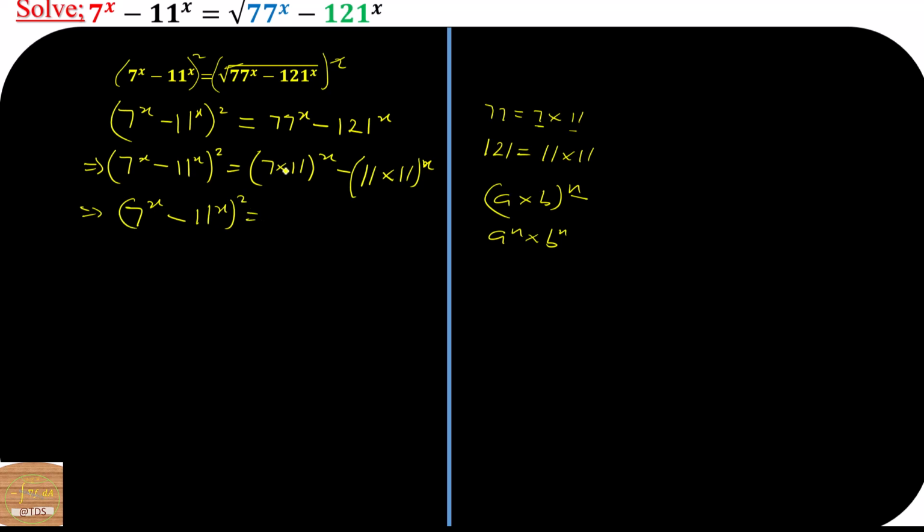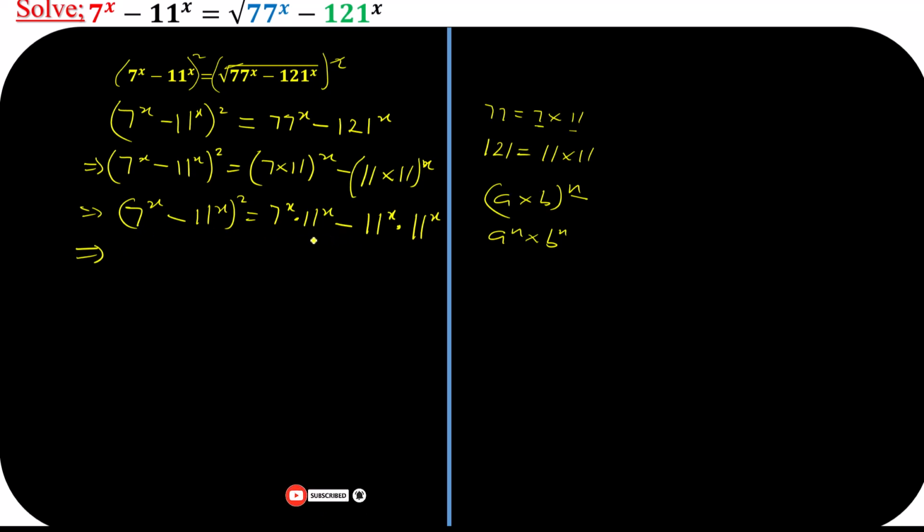So we have 7 raised to x times 11 raised to x, minus 11 raised to x times 11 raised to x.